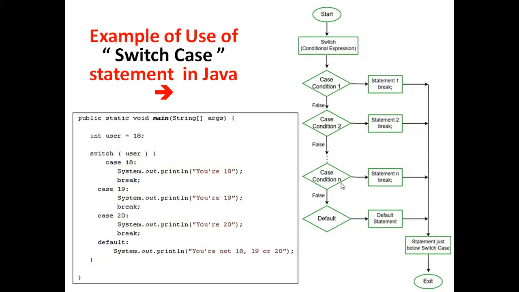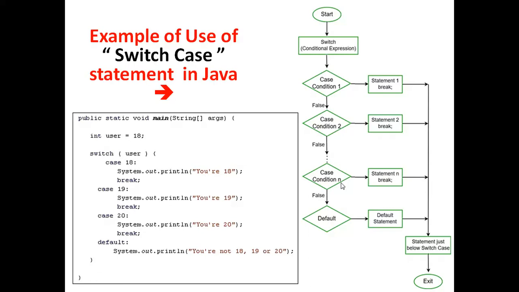Now we'll see another type of conditional statement, that is switch case. In switch case, we define each and every case, and the compiler checks each and every case. Whichever case is true will be executed.